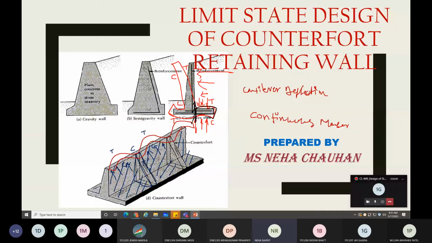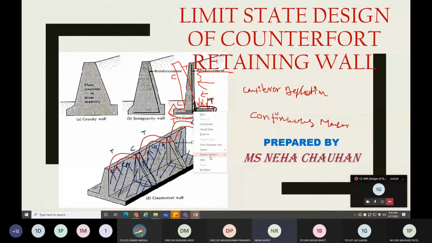This behavior is again hogging behavior. Hogging means tension at top, compression at bottom. So main reinforcement for the heel part is placed at the top. Now compare this with this part.